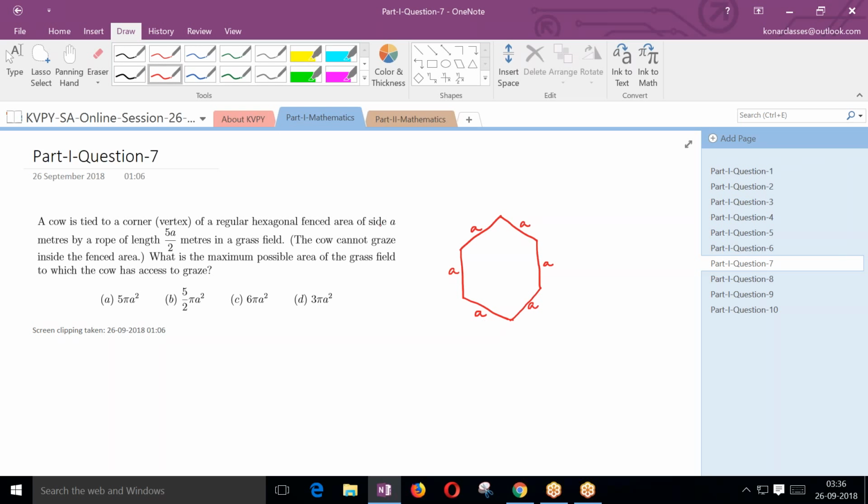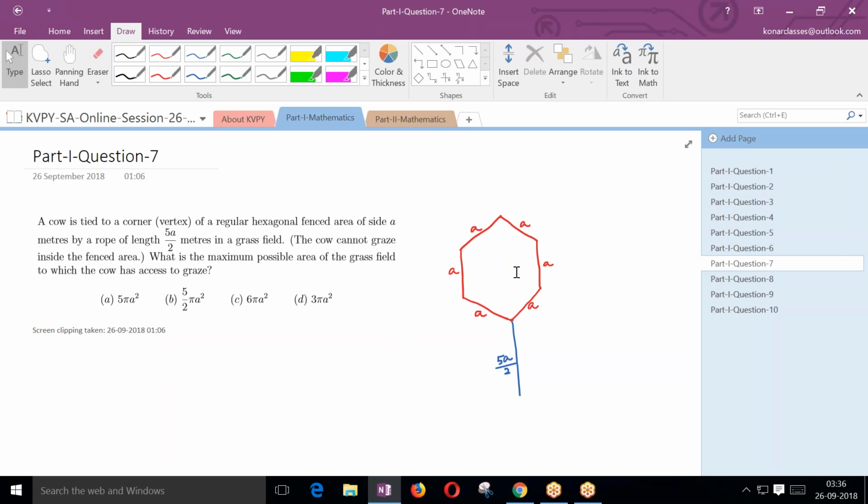Now the rope is tied here. Suppose from this corner, this length is 5a by 2. And then the cow cannot graze inside the fenced area. That means inside that regular hexagon, that cow cannot graze.